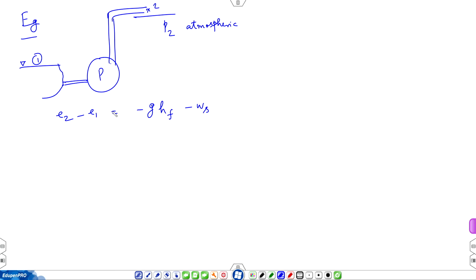So, this E2 minus E1: change in pressure 0, kinetic energy U2 squared over 2, plus, if you measure elevation from point 1, it is plus gH, where H is the difference in elevation between points 1 and 2.